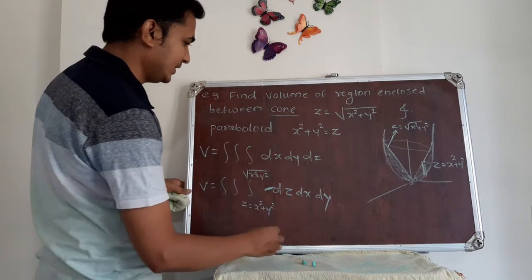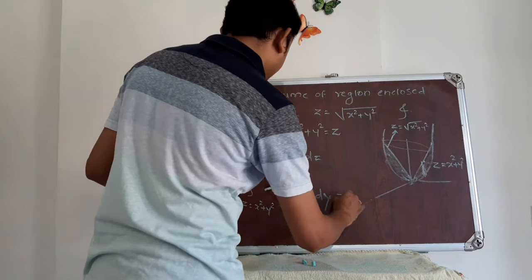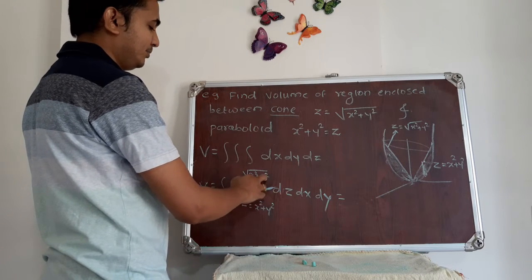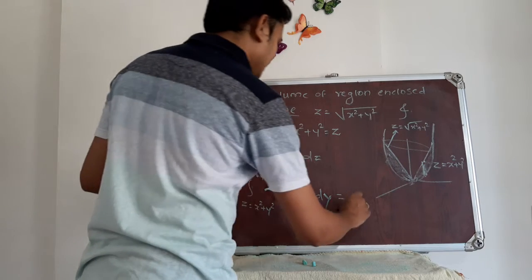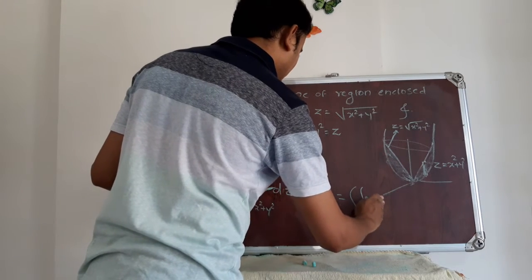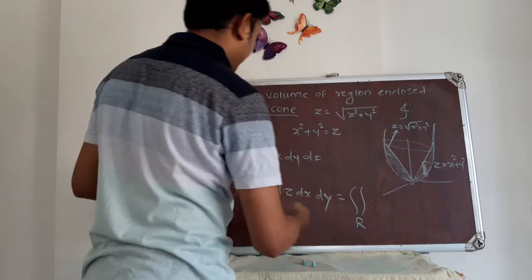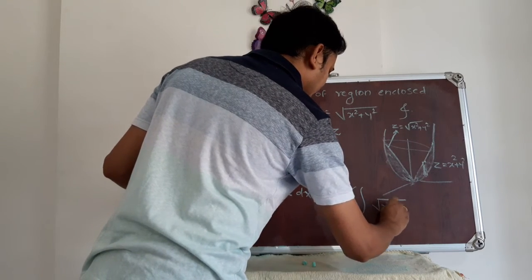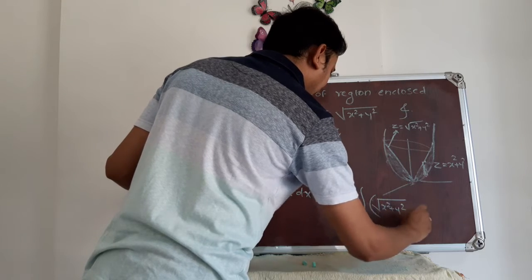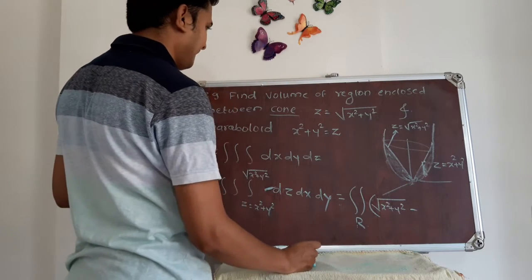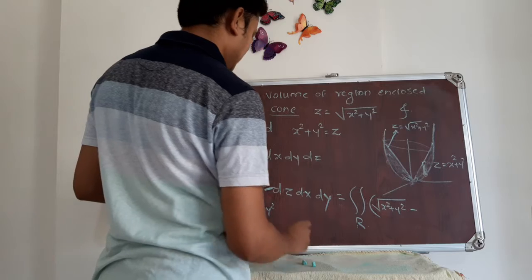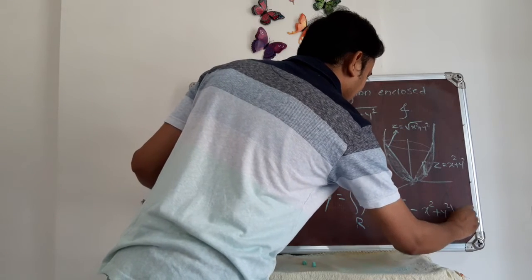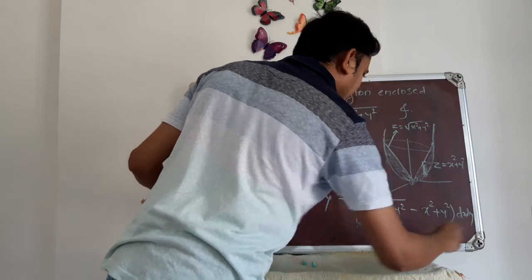Then integrate with respect to z. What will you get? Integration of dz is z, upper limit minus lower limit. So the double integral over region R of the upper limit, under root x square plus y square, minus the lower limit, that is x square plus y square, dx dy.